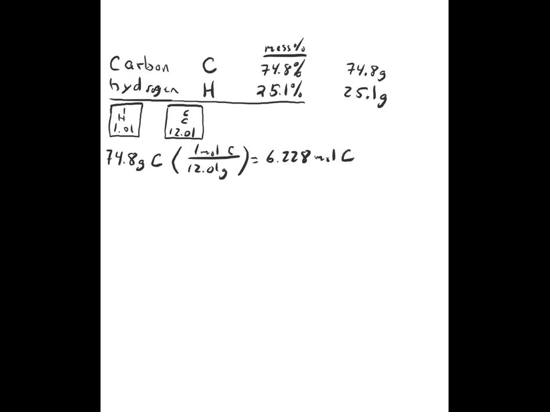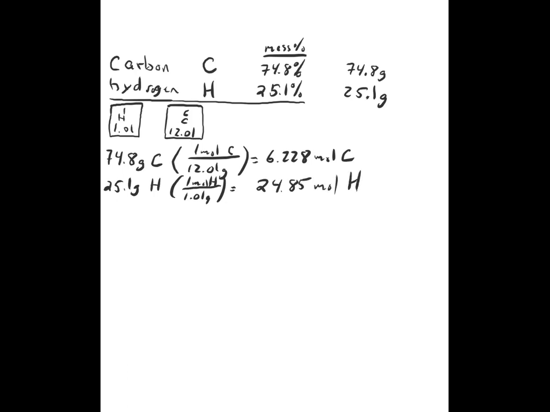Do the same thing for hydrogen. 25.1 grams of hydrogen. 1 mole of hydrogen is 1.01 grams. Okay, so 25.1 divided by 1.01, and you get 24.85 moles of hydrogen.